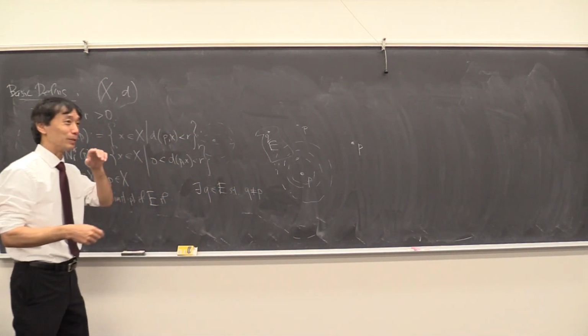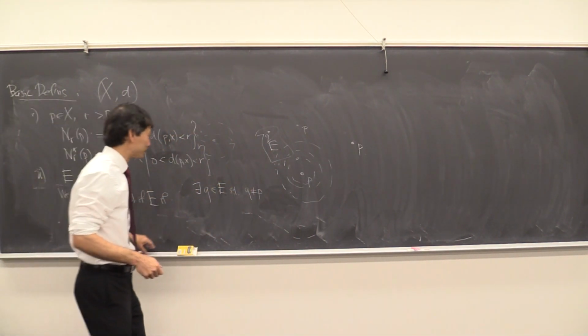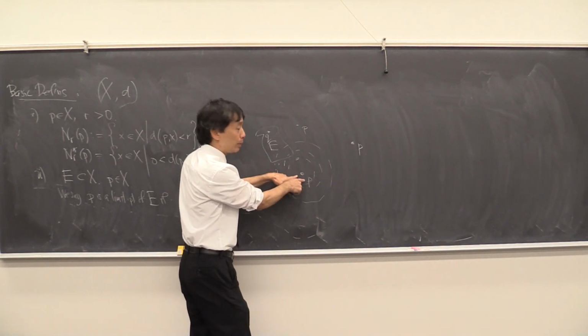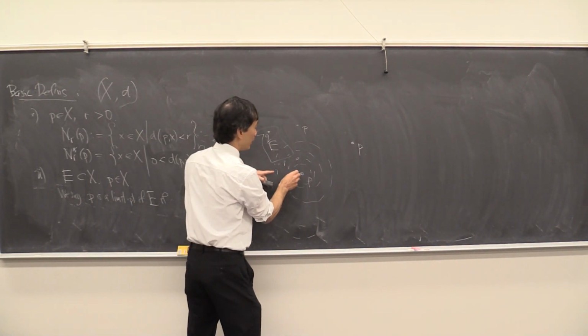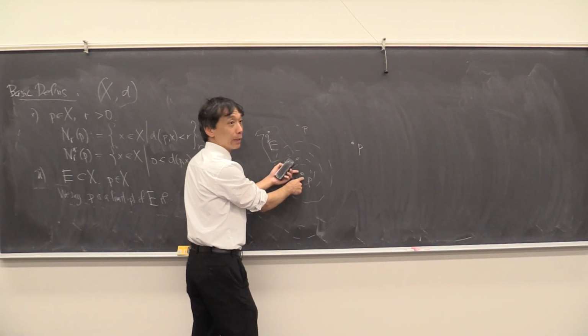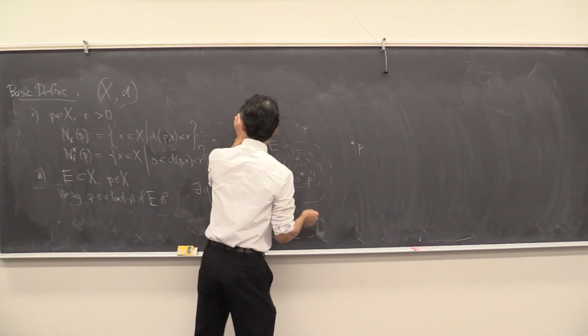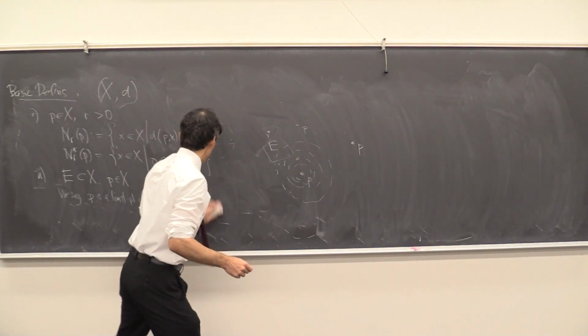So maybe that's what you're going to say, Anne. So this wouldn't work out. This would not be a limit point because I can find a neighborhood that's got nobody from E inside there. So the condition's like this.